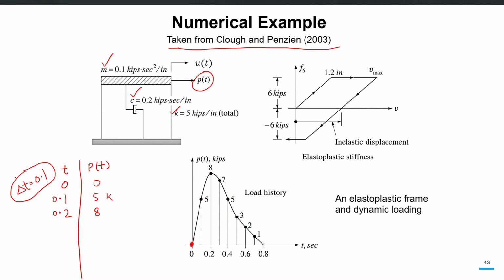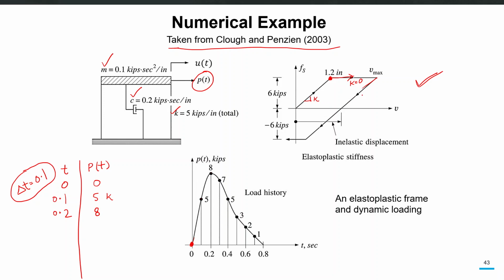And you have to solve this system both for the linear case, when the structure is linear, and when the structure is non-linear and follows the elastoplastic kind of hysteretic behavior, where at u equal to 1.2 inches the system yields, and whatever the k was, the initial k, now the k becomes 0, and when it unloads, it follows the same k as the initial k.